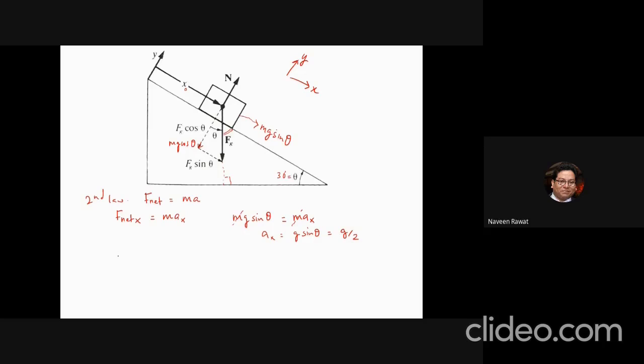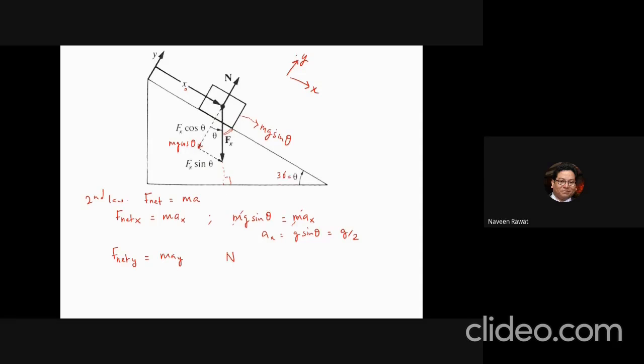Similarly, let's see the net force in the y direction. So you get m ay. Now in the y direction you have N. N is in the same direction as y, so we have positive N. And mg cos theta is in the opposite direction to our sign convention.